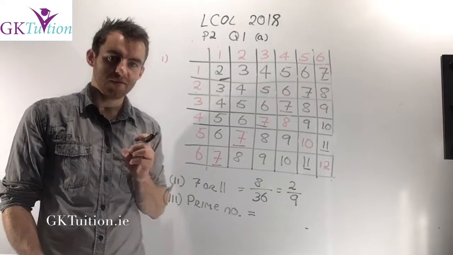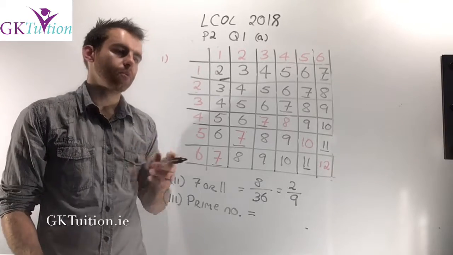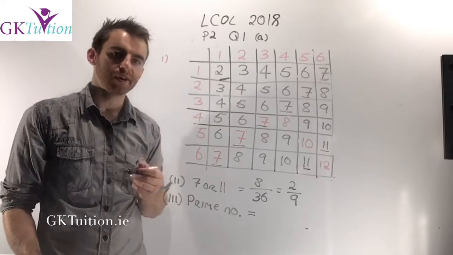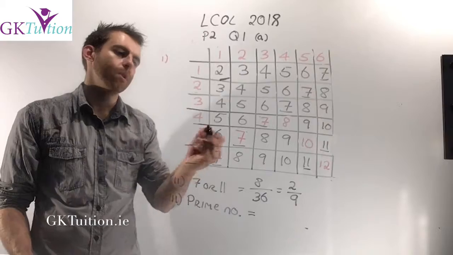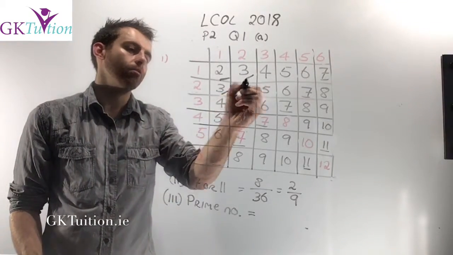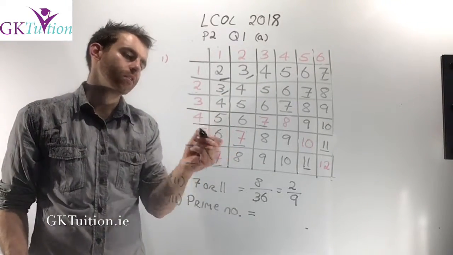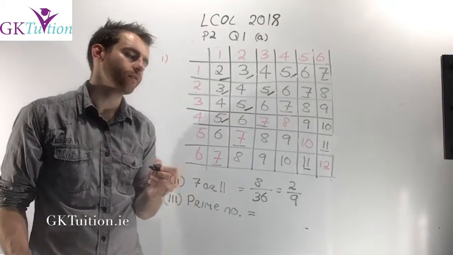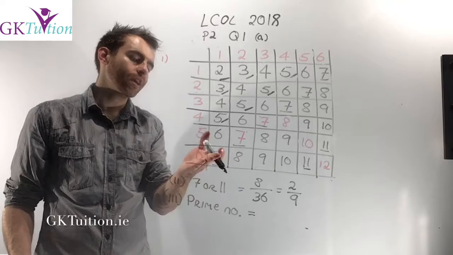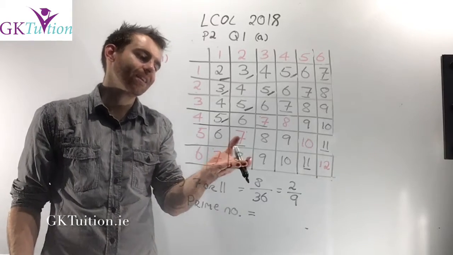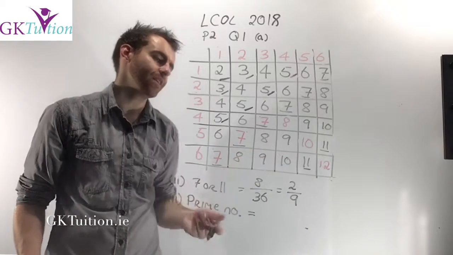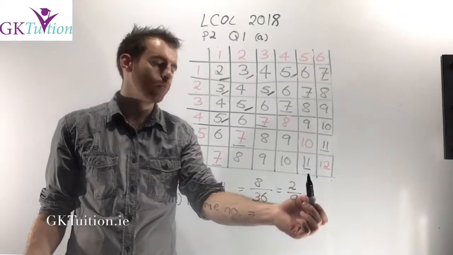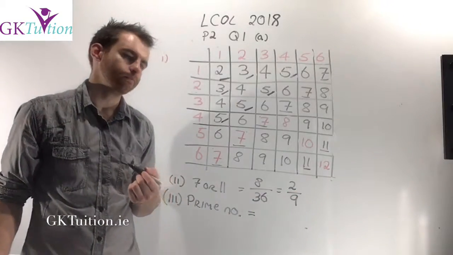2 is the only even number that is also prime, because there's only 2 numbers that divide into 2, itself and 1. 3 is also a prime number, so happy days. 4 is not, but 5 is a prime number because only 5 and 1 divide into 5. 6 is not a prime number, 7 is, but 8 isn't, 9 isn't, 10 isn't, 11 is a prime number, but 12 isn't a prime number.